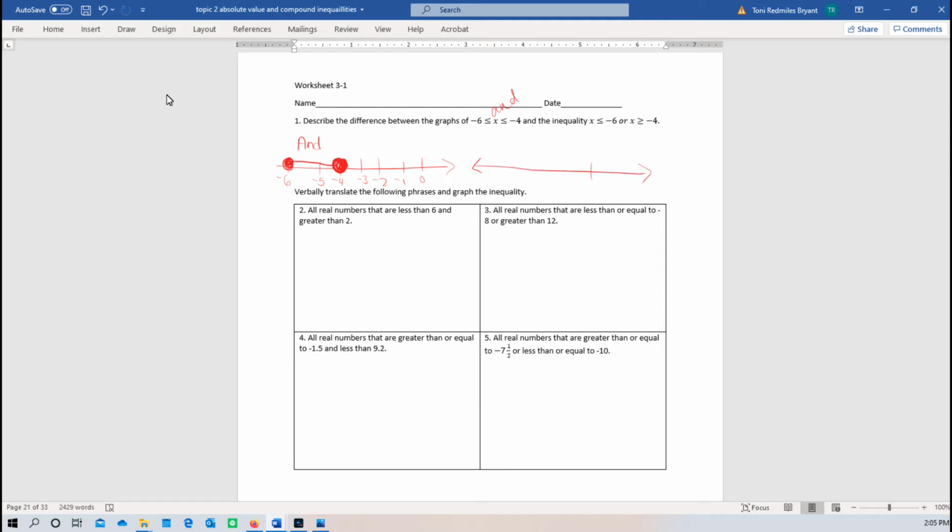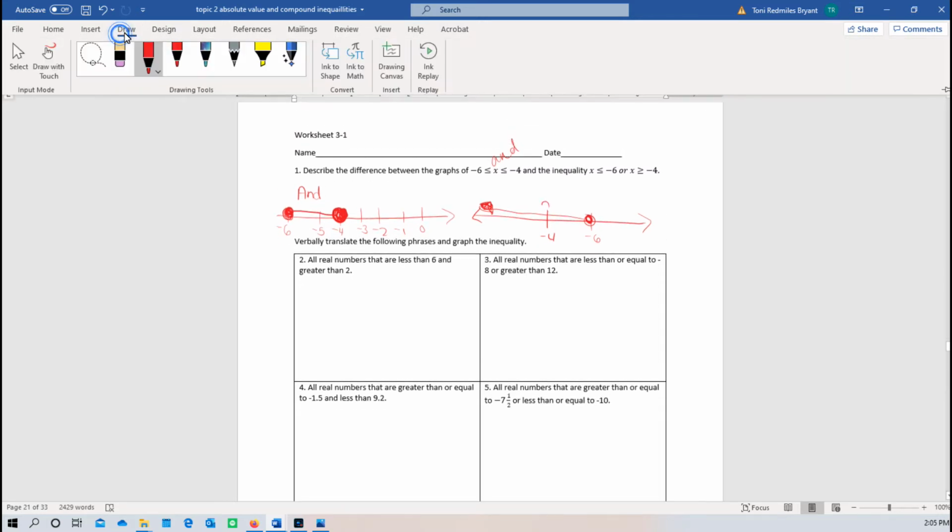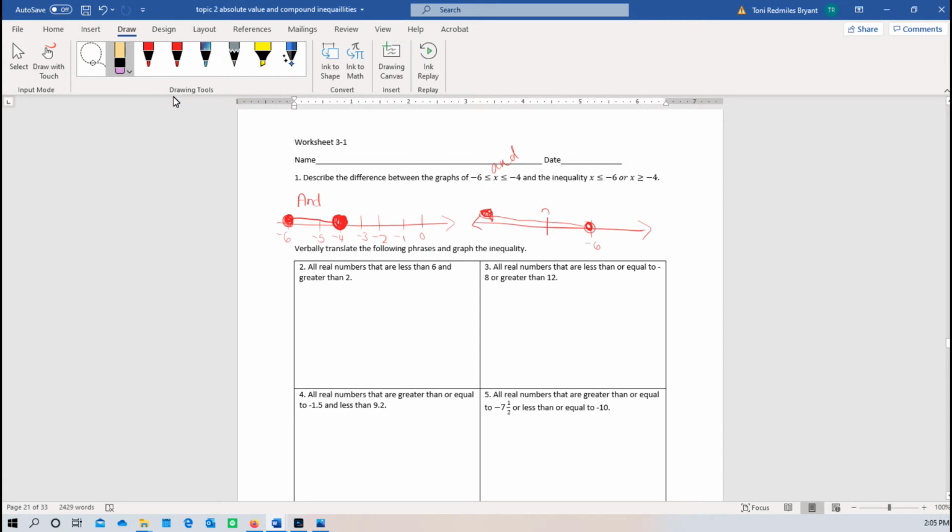Our x is less than or equal to -6, and our x is greater than, oh, sorry, I put the -4 on the wrong side. It doesn't go over there. It's all the values greater than -4.